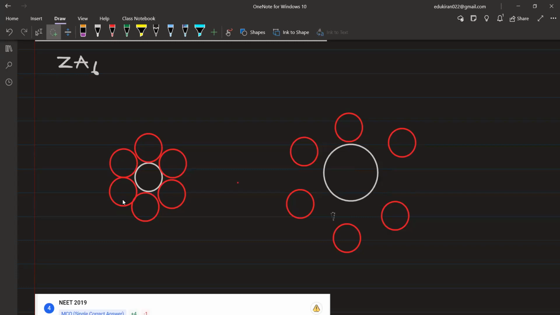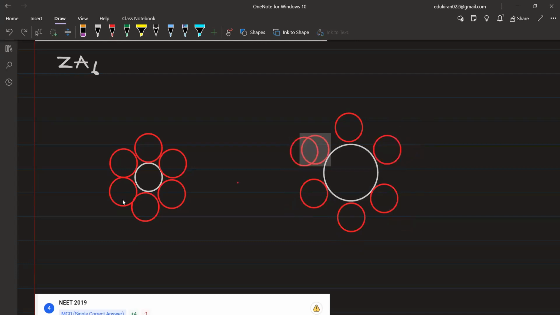Now, in the second case, the central atom is larger than the surrounding atoms. In case A, as you can see, it is very crowded.